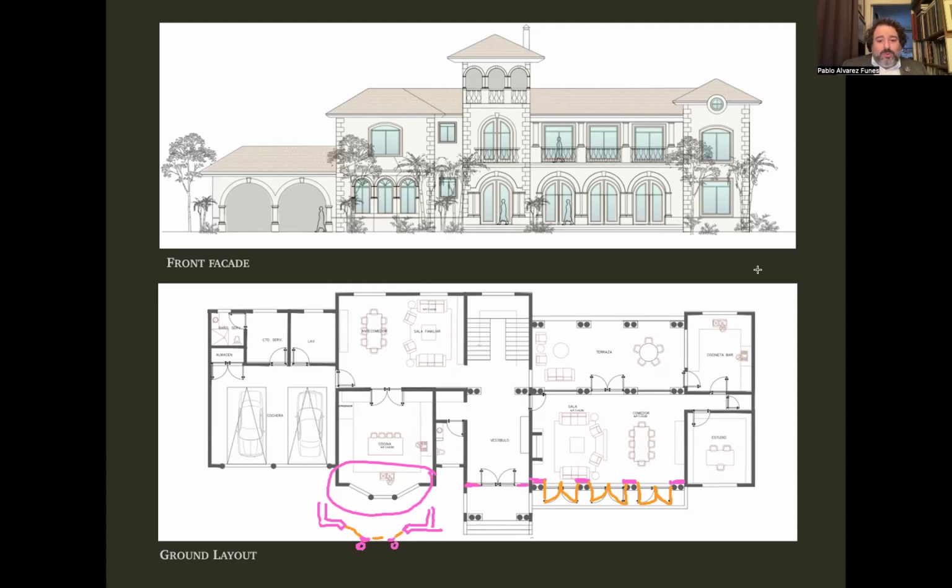Now we are coming to this area, and I think there needs to be a much better entrance to the big salon. I don't know how, because obviously you have a very central element, which is the fireplace, but this door should be centered within the wall.